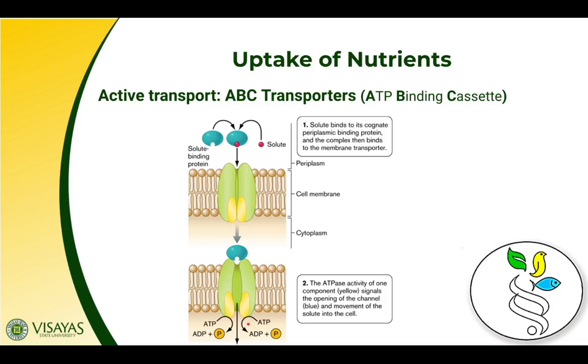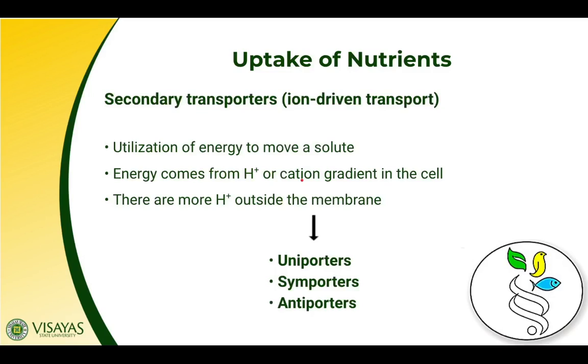Now there are what we call secondary active transporters that use energy from ion gradients. So this is also what we call ion driven transport. There is utilization of energy to move a solute, and the energy comes from the proton or cation gradient in the cell.